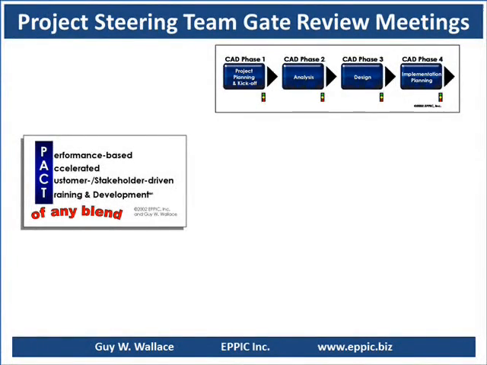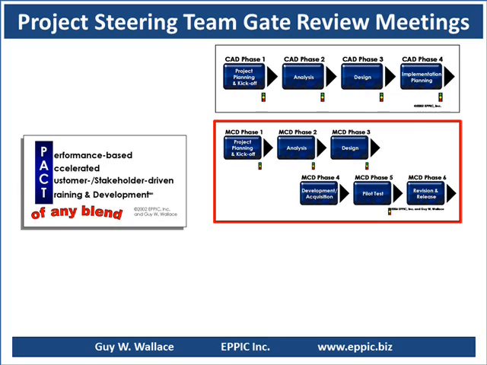The curriculum architecture design methodology involves 4 phases that can be combined as needed or kept separate, typically kept separate to conduct the project steering team gate review meetings at the conclusion of each phase of the efforts.